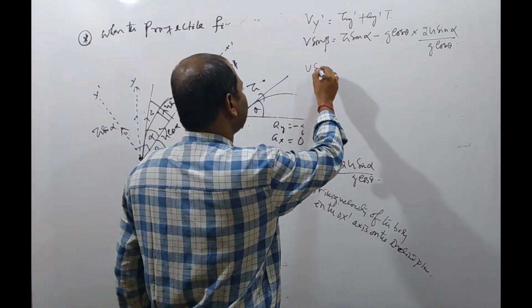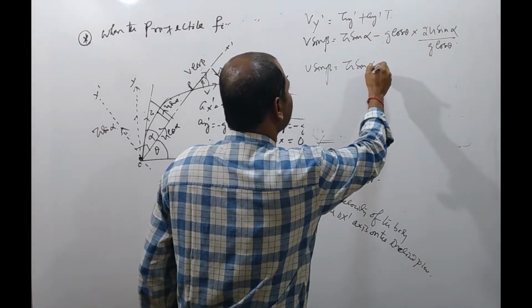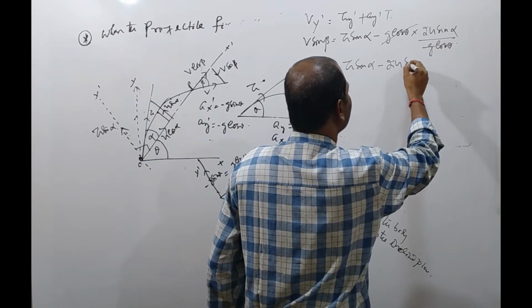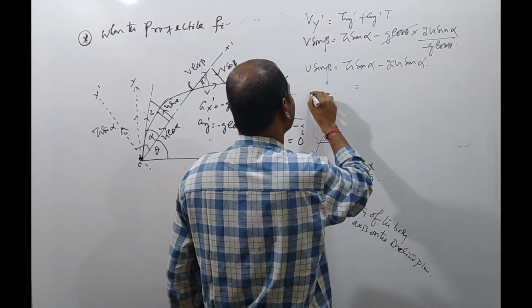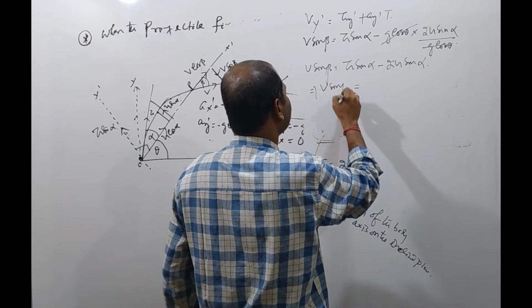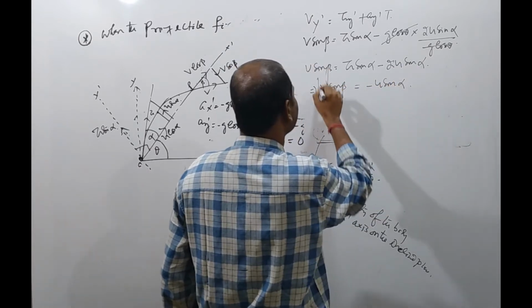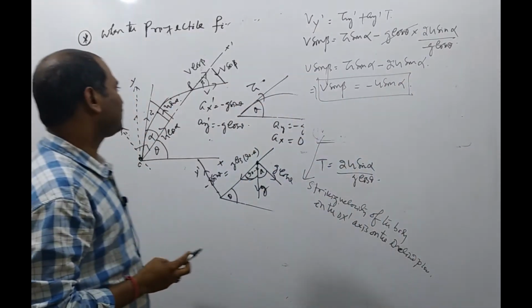Then v sin beta is equal to u sin alpha minus 2u sin alpha, which implies that v sin beta is equal to minus u sin alpha.